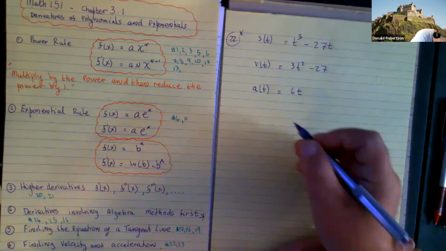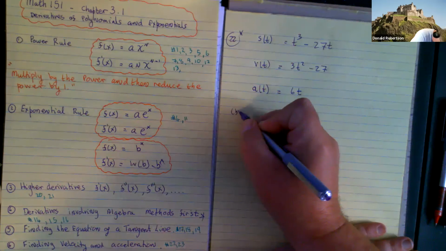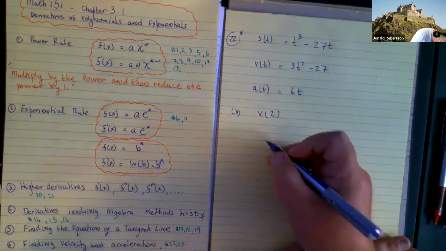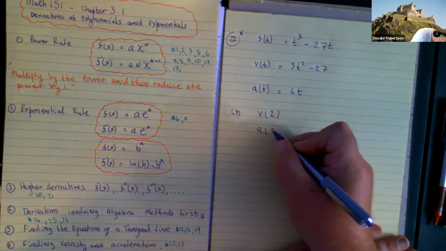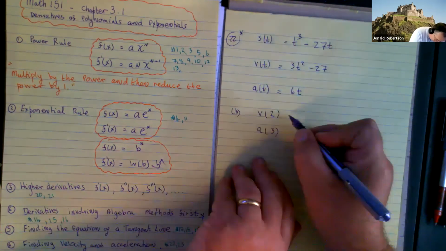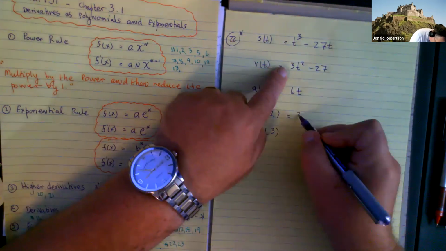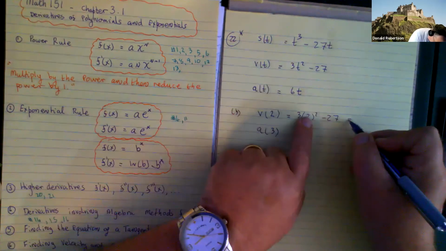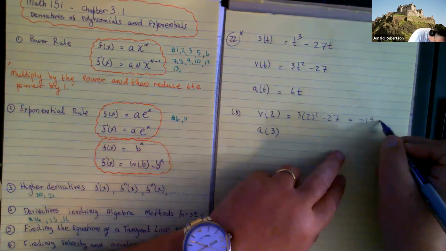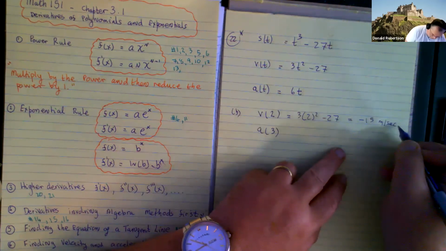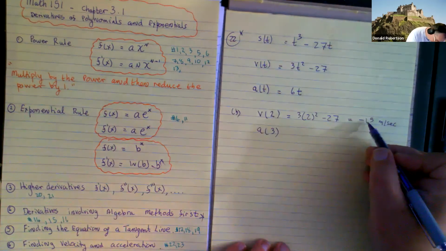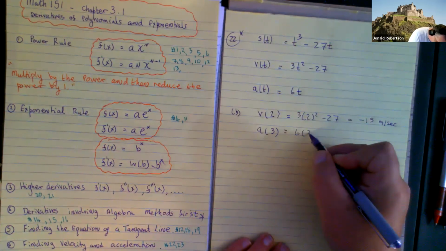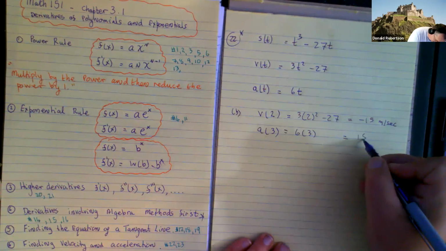Now, if they asked you, say in question B, what's the velocity at the 2-second mark, or maybe what's the acceleration at the 3-second mark, you just evaluate this function at 2, and that's negative 15, and let's assume that the units were meters per second. So that's negative 15, and the acceleration at 3 is 6 times 3, which would be 18.